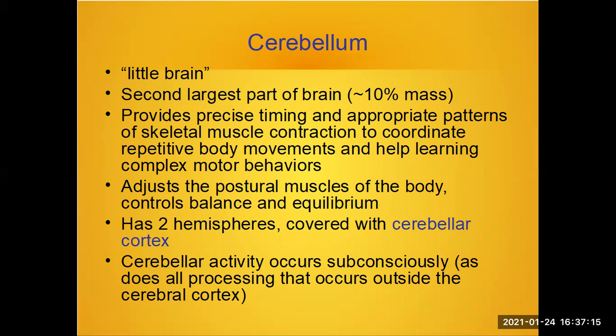It adjusts the postural muscles of the body, and controls balance and equilibrium. It has two hemispheres covered with cerebellar cortex. Cerebellar activity occurs subconsciously, as does all processing that occurs outside the cerebral cortex.